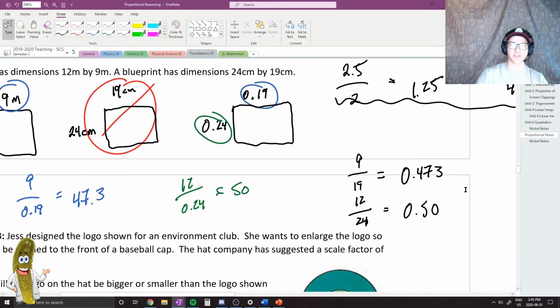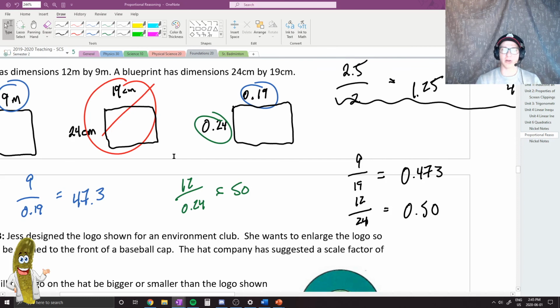Those are the two answers that you end up getting. You get a 0.473 and a 0.50. And what you'll notice is something very interesting, that these decimal values are 100 times less than these decimal values. If I took 0.473 and multiplied by 100, I would end up with 47.3.